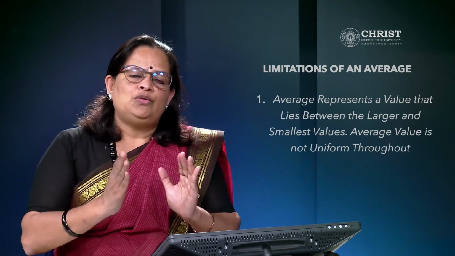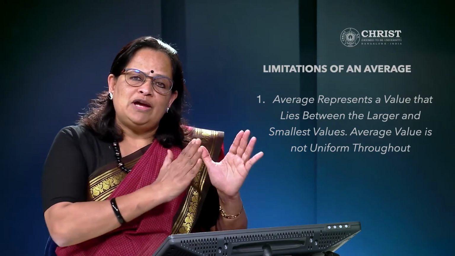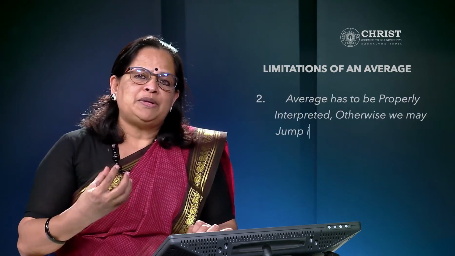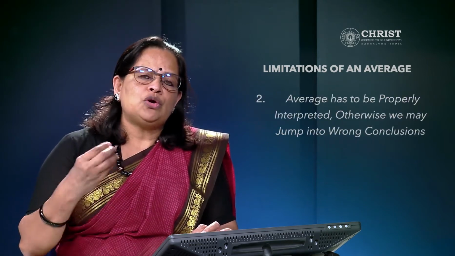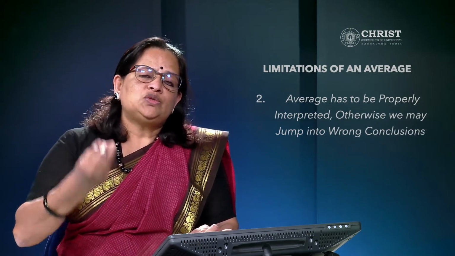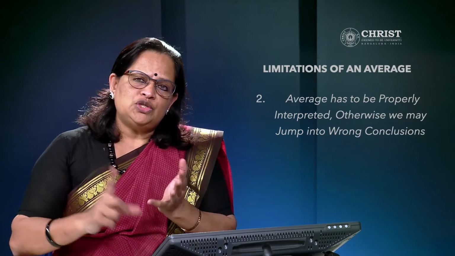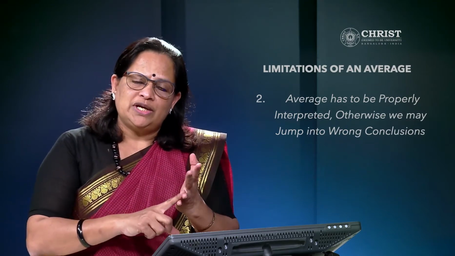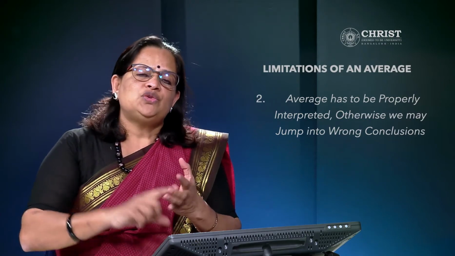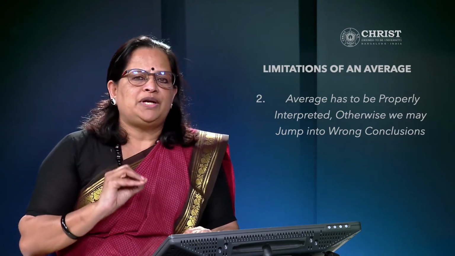Always remember it is a value between the largest and the smallest value. Second, an average has to be properly interpreted, otherwise we may jump to wrong conclusions. When we get the average marks of students, we have to remember that some students get distinction, some get first class, and some pass or fail. So we have to make the proper interpretation.